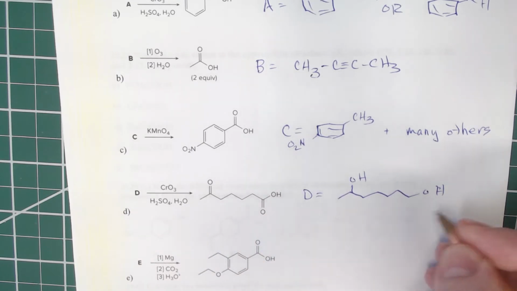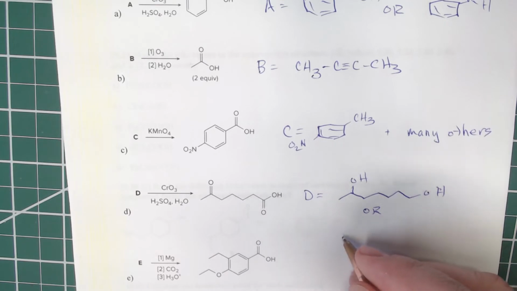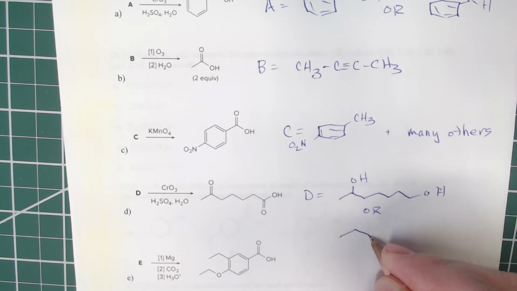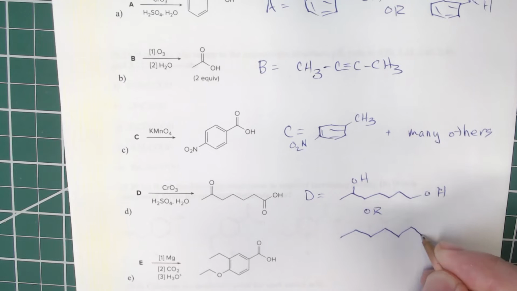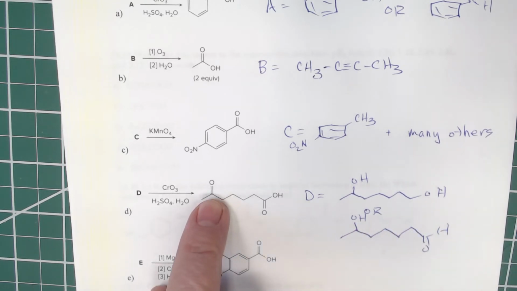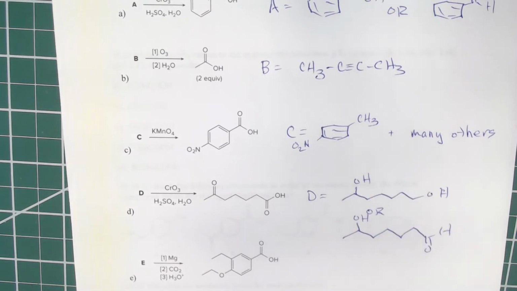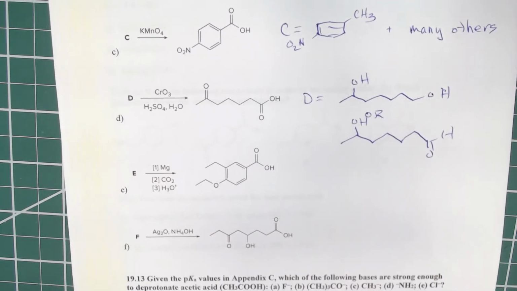It can also be, put or, you could also have an aldehyde here. All right. And you could have it where it was already a ketone. So if that were a ketone, it wouldn't oxidize it any further. So there are a couple of other options. I'm just going to put these 2, though, for purposes of this.